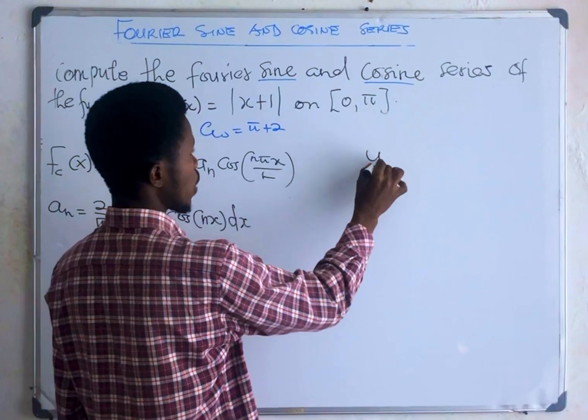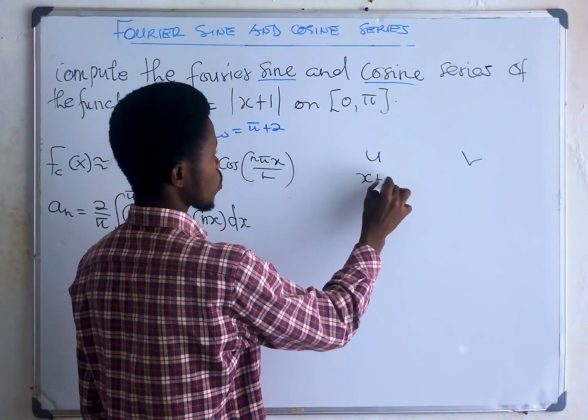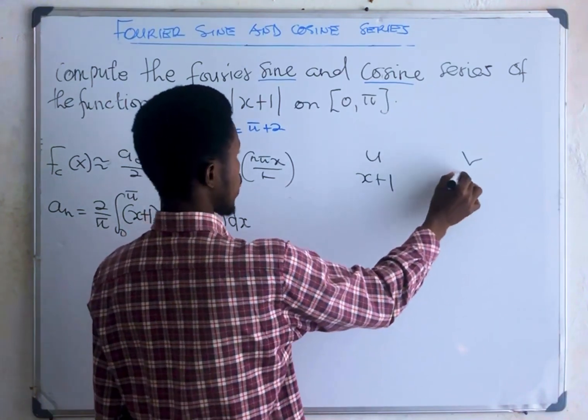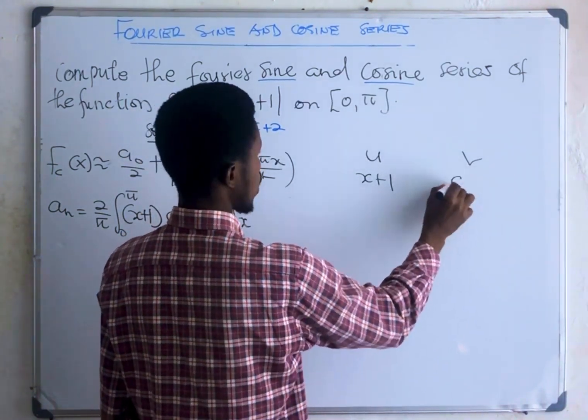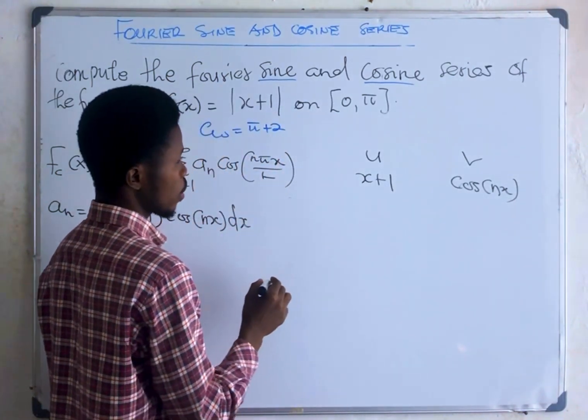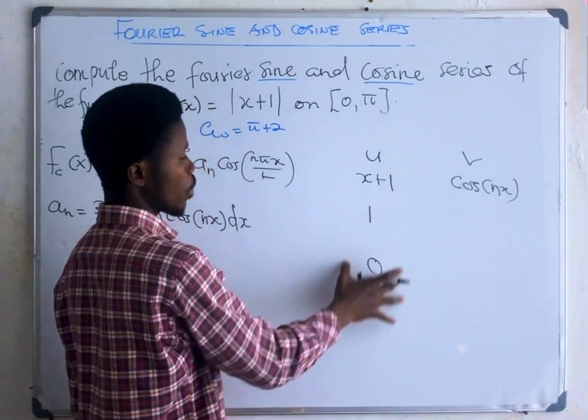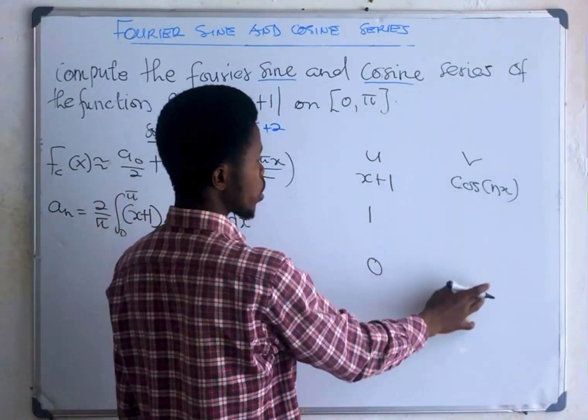So I have my u here, I have my v here. The u is x plus 1, which I've already explained why I am choosing it that way. Then cos nx. If I differentiate this, it gives me 1, then 0. I differentiated it 2 times, so I will integrate it 2 times.